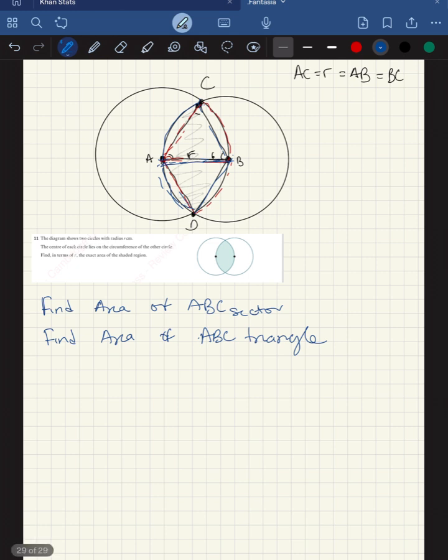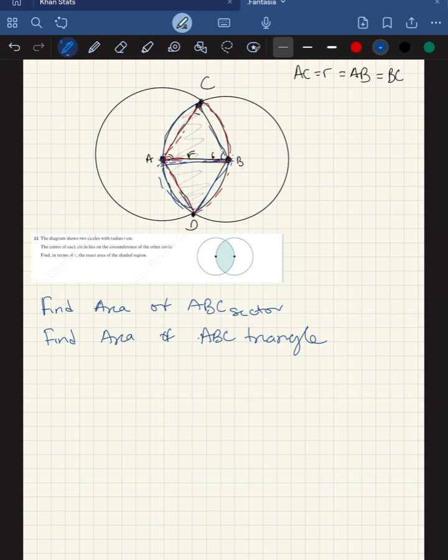Once we find the area of the sector, what we're going to do is then subtract maybe one of the equilateral triangles. Then we can double it.